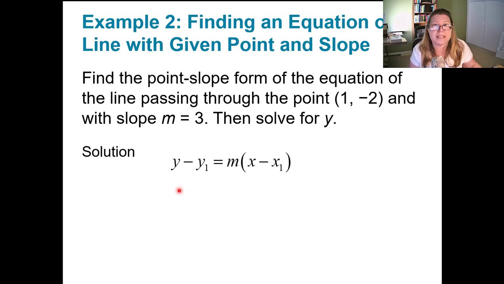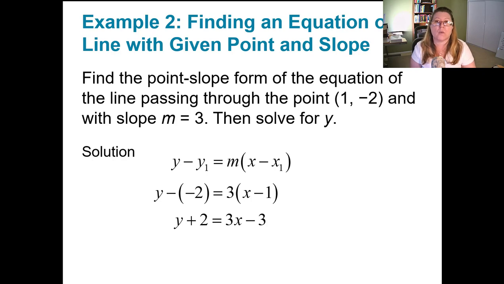Okay, here is our point-slope formula. y minus y1 equals m times x minus x1. Plugging in negative 2 for y1, 1 for x1, and 3 for the slope, and simplifying slightly, we get y plus 2 equals 3x minus 3.